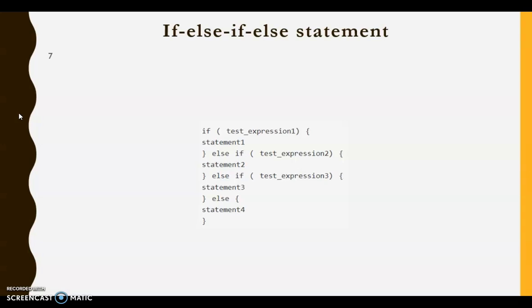See, here it says if the condition holds, do statement 1. And if it doesn't hold, go for the rest. But the rest is not the same as before, where it was anything other than test expression 1.